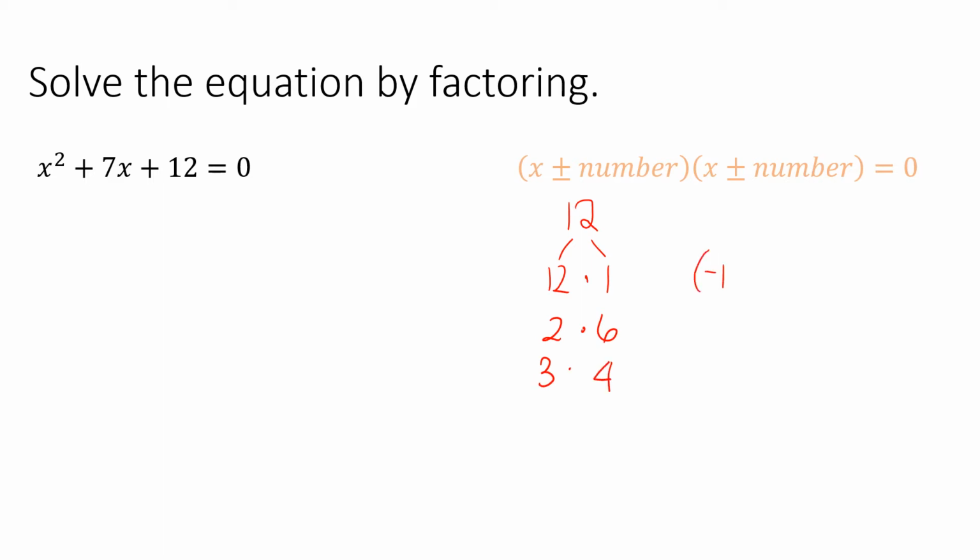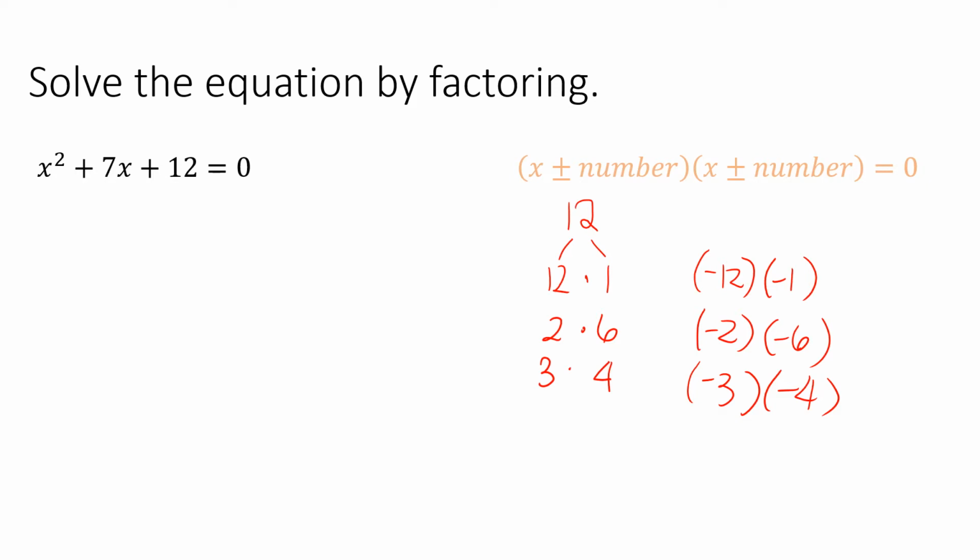But also negative 12 times negative 1, negative 2 times negative 6, and negative 3 times negative 4. By the rules of signs, a negative number times a negative number equals a positive number.